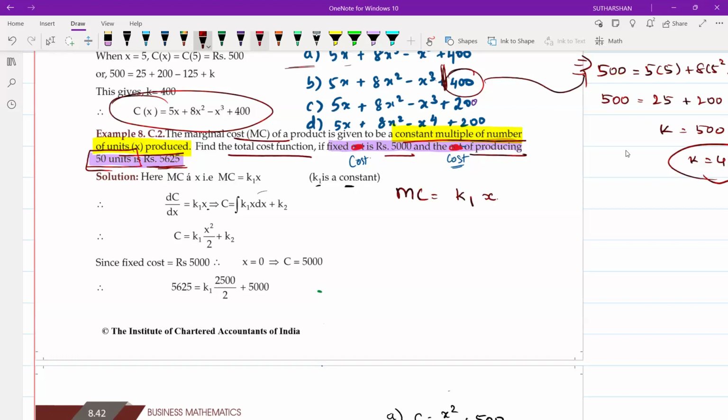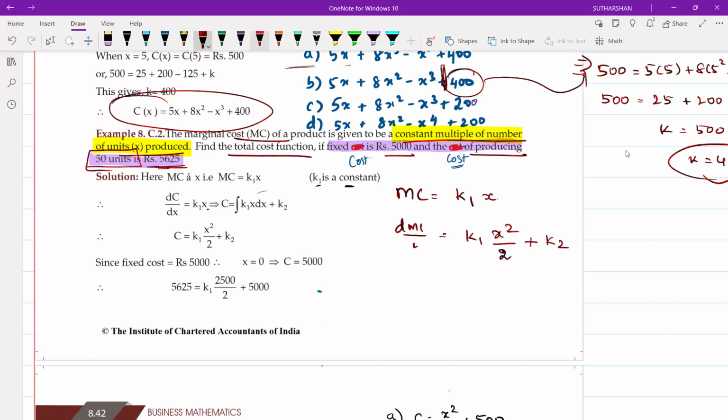If I integrate this, it will become k1 x square by 2 plus k2, because another constant will arise.